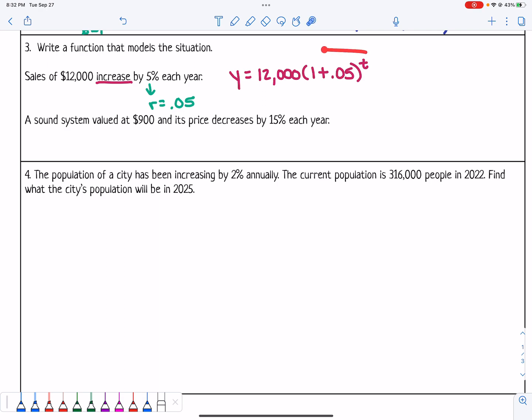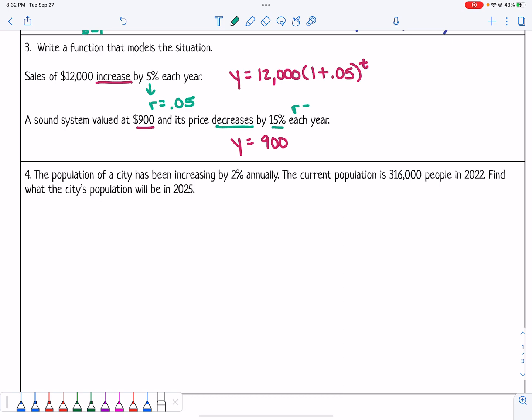So to model the function, you want to make sure that you leave room for an output value and an input value. They're still there. You haven't replaced those with anything. All right, for the next one, it says a sound system valued at $900. So let's write y equals $900 because that was the initial amount. It says its price decreases by 15% each year.